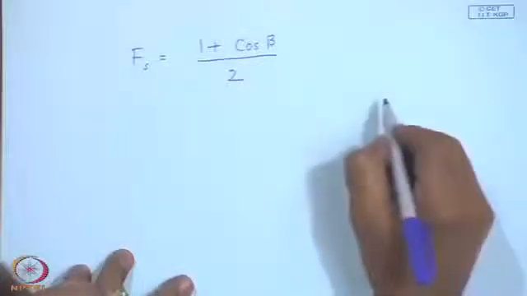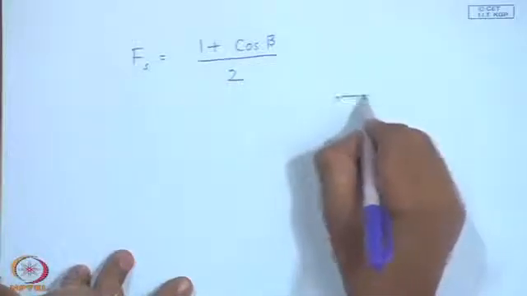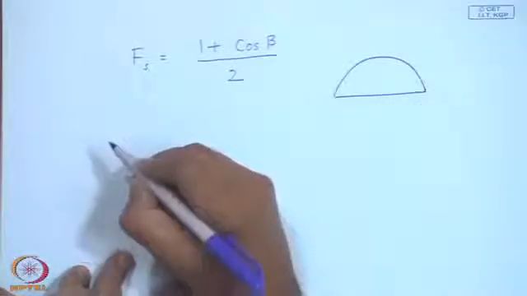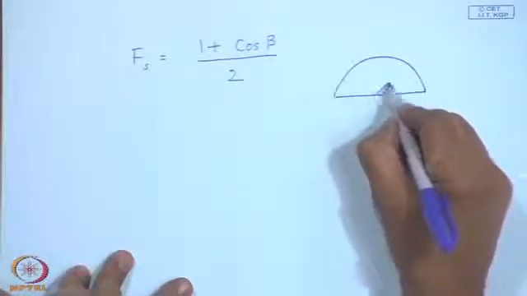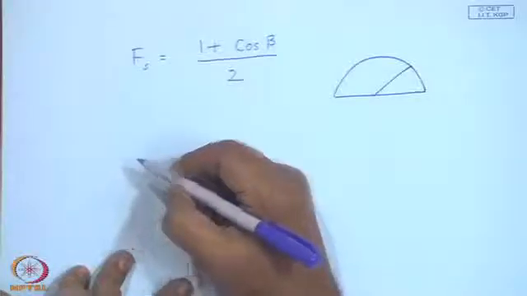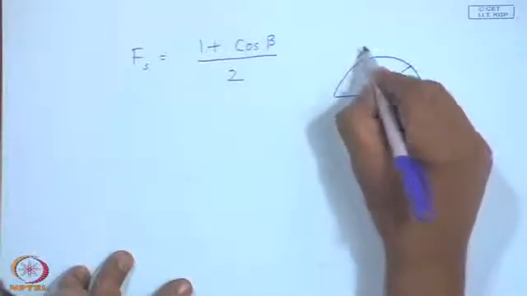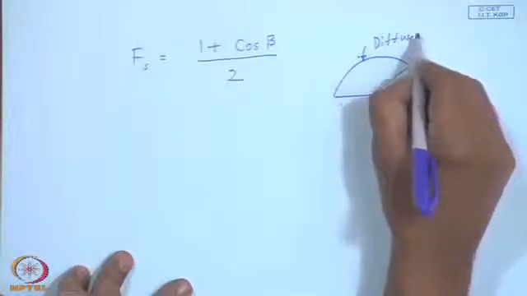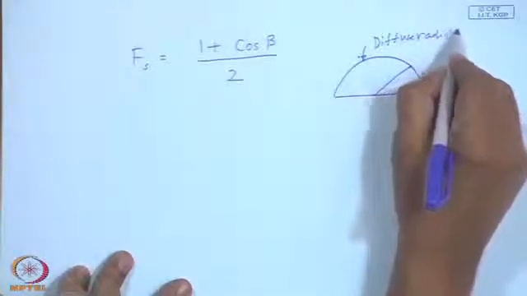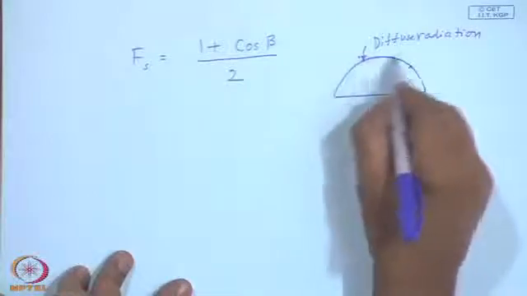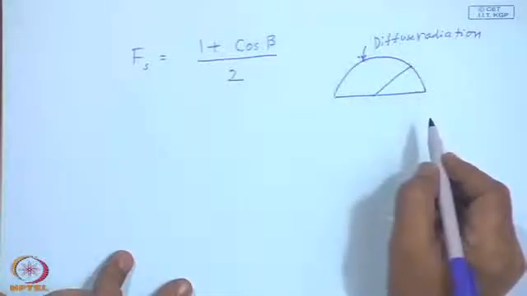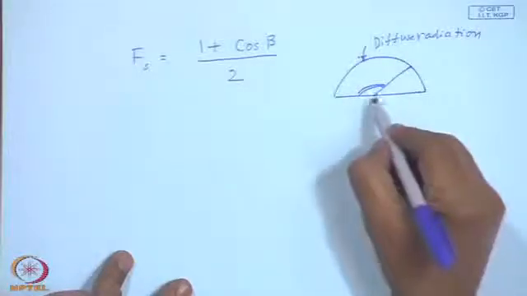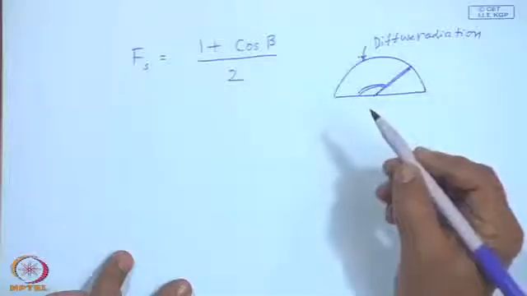Now, if you imagine a hemisphere, here is a collector, all the diffuse radiation over the hemisphere is your G D. So, this portion will be received by the solar collector.